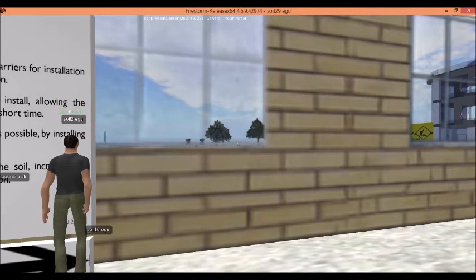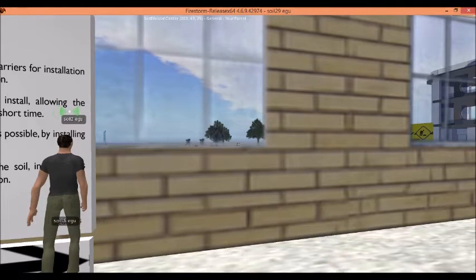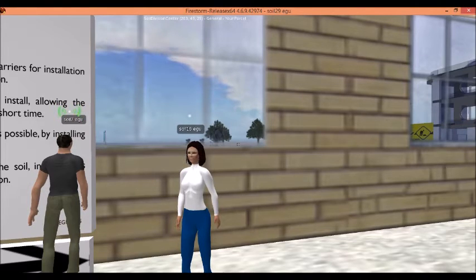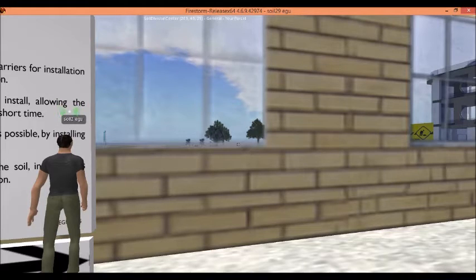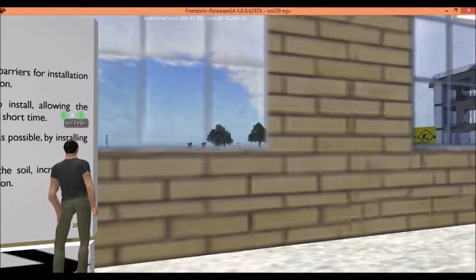The immediate availability of prefabricated barriers for installation in the first weeks after the fire, the development of a model of barriers fast to install, allowing the restoration of more vulnerable areas in short time, to retain the soil on the slopes as much as possible by installing a new model of barrier, and the availability of water in the soil, increasing holding capacity and reducing evaporation.